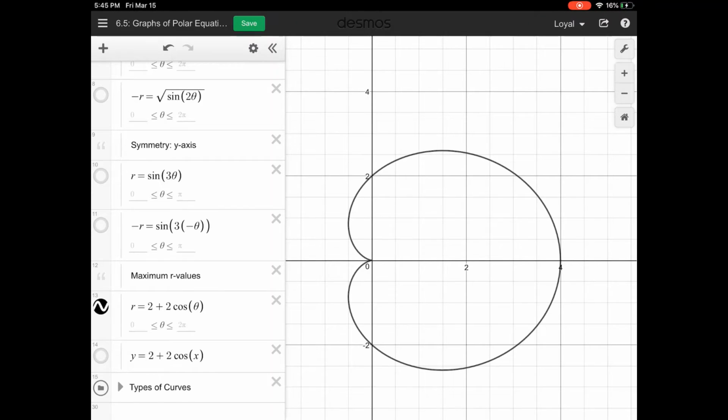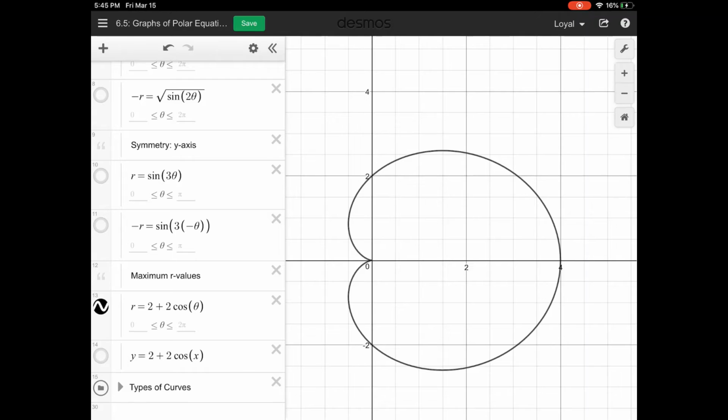We don't really know that because we can't see how much of theta we've graphed. We don't know how large theta is. There's not a very visual representation of what thetas are graphed here. We can see what x's and what y's we have graphed, but we don't know how much theta we've graphed.